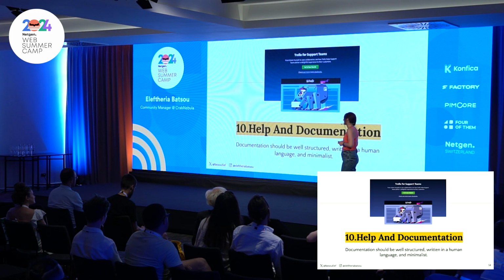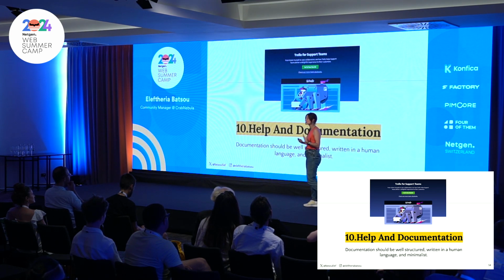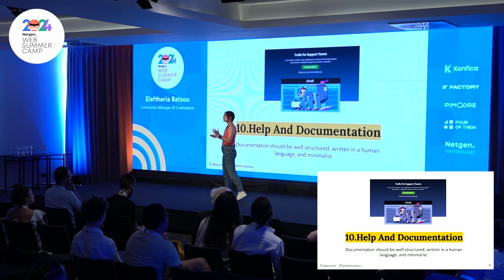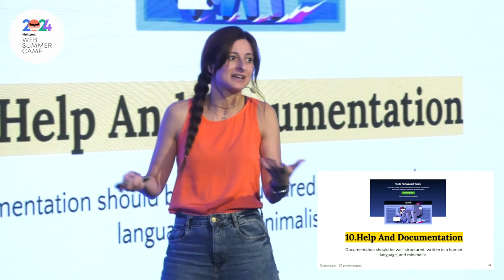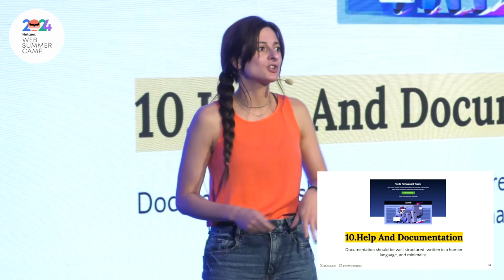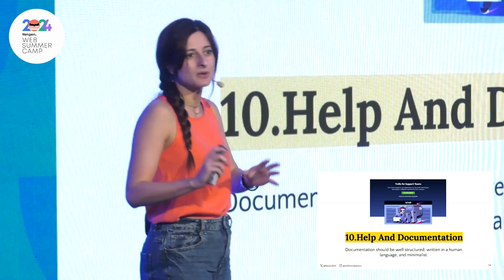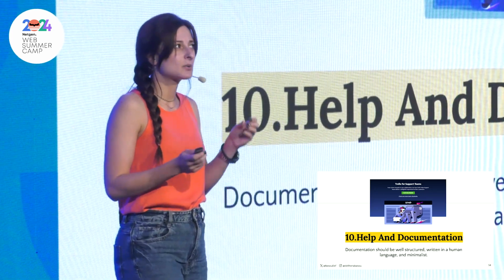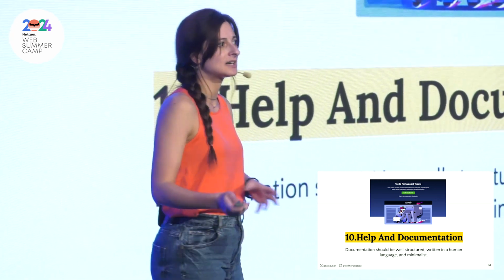And the 10th rule is help and documentation. Yes, try to have an amazing product. You should always try for that. But because, as we said, some people will make mistakes, or are not very tech savvy, they will need help and documentation. You don't need something big or fancy. I would actually say you should avoid technical terms.